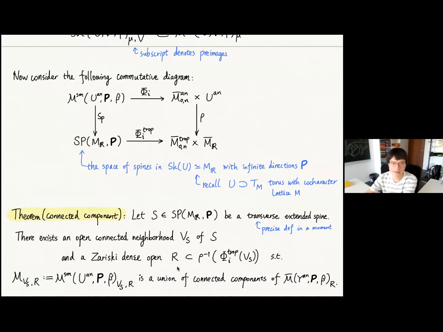So there exists open neighborhood Vs of S and the Zariski dense open R in this push forward pullback of Vs, such that when we restrict our moduli space M smooth to Vs and R, meaning that we consider the subspace, so it's just a pre-image via Vs and R. And the meaning is that we consider the subspace consisting of stable maps whose span belongs to Vs and whose ith marked point maps to R. So this subspace is a union of connected components of the proper moduli stack M bar restricted to R. And this is the connected component theorem.